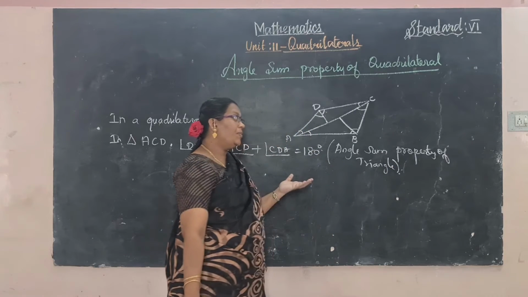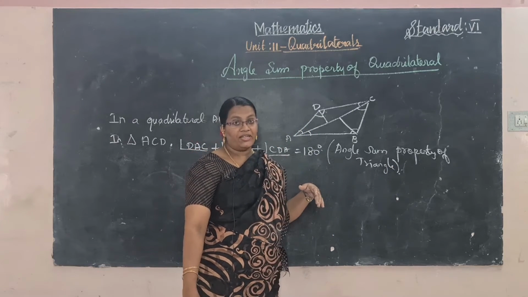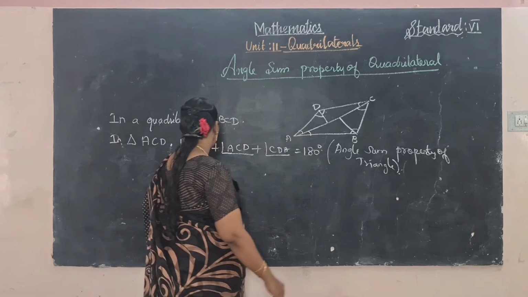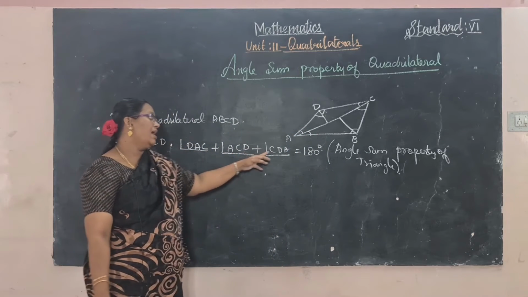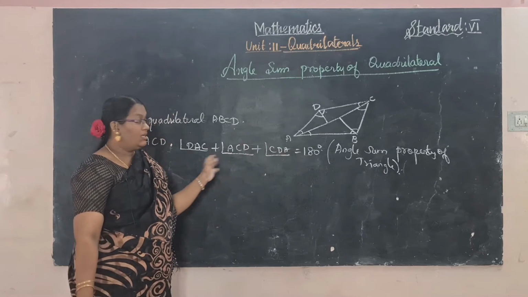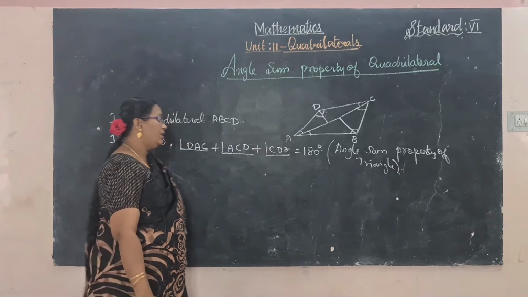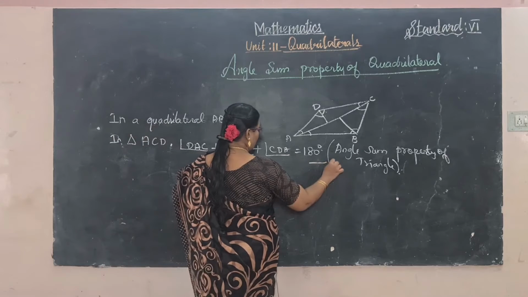Angle sum property of triangle means the sum of three angles is 180 degrees. So here the sum of the three angles DAC, ACD and CDA is 180 degrees. We have denoted this equation as 1.